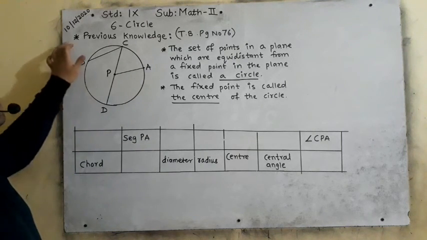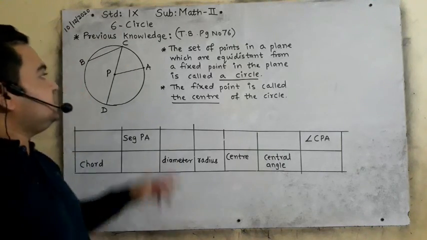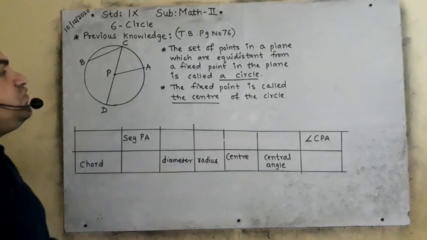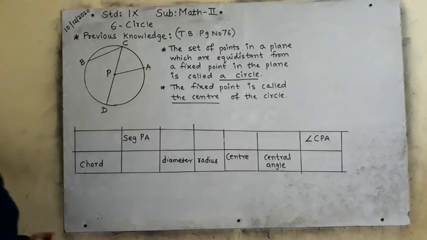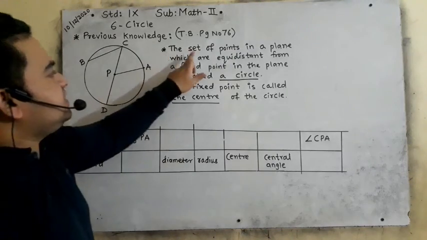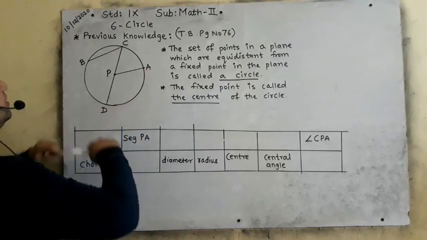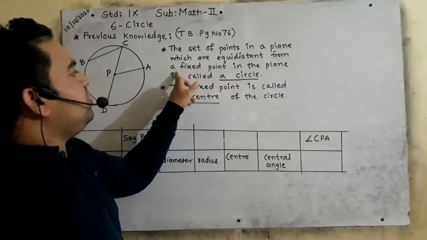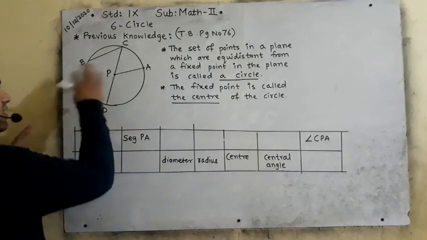First of all we will learn what a circle is. My dear students, the set of points in a plane which are equidistant from a fixed point in the plane is called a circle.